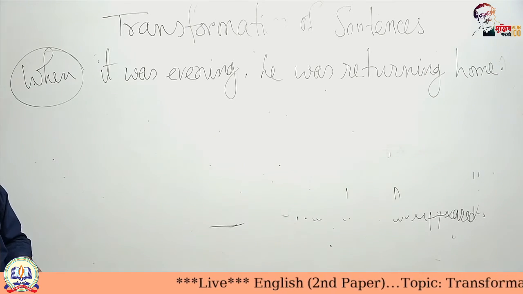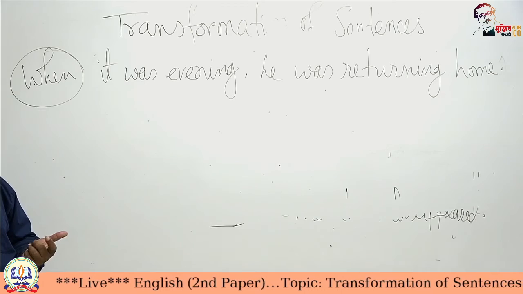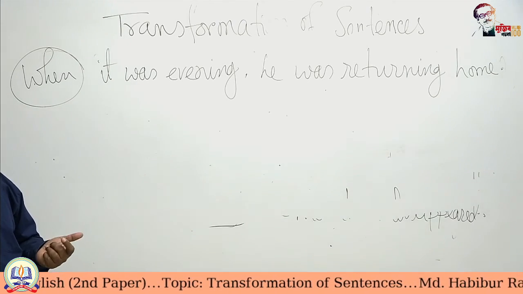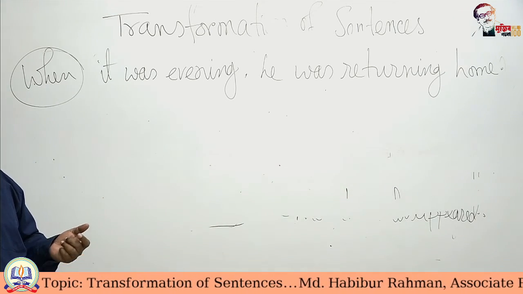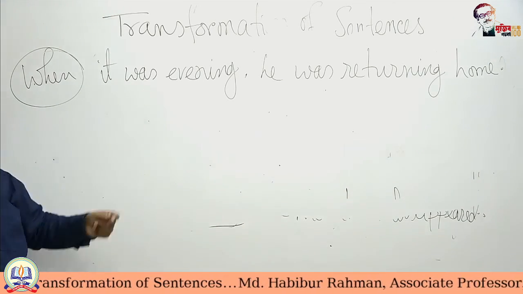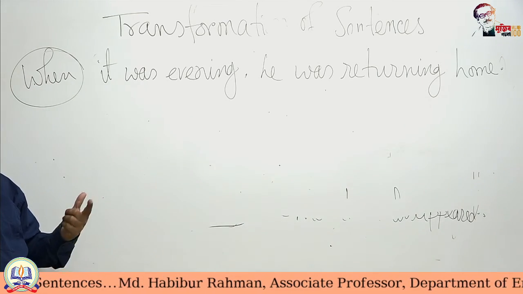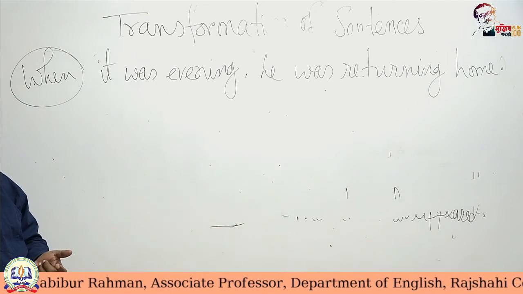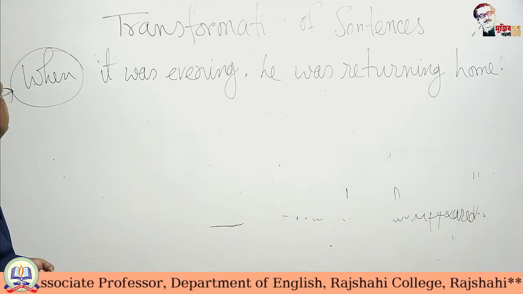Usually we use in for a greater place or greater time, and for morning and evening we use in. It was evening, so we can say in the evening. But in case of night and day, we can use at. In this way, we have to use a suitable preposition.